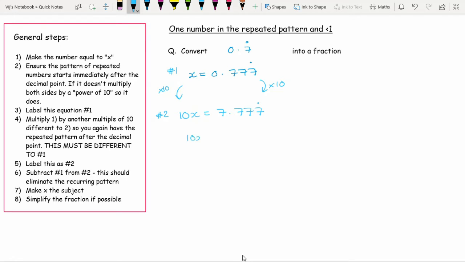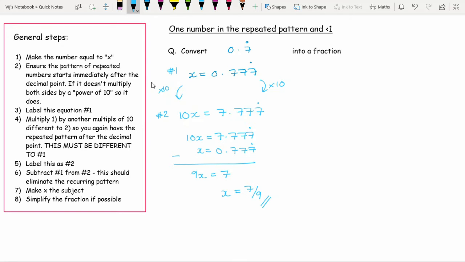And then I'm going to do 10x equals 7.777 and x equals 0.777, and I'm going to take away the two things, so I've got 9x equals 7, and then make x the subject, x equals 7 over 9. Can I simplify that? No. So there is your final answer.